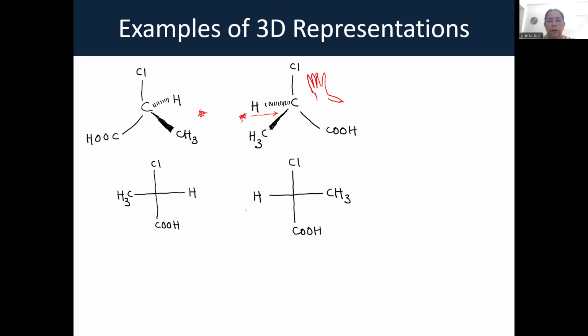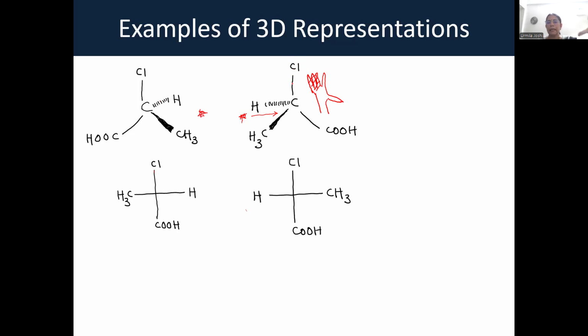I'm not very good at drawing, but just try to understand. Forget about these fingers. The first finger is pointing towards the vertical line, Cl.